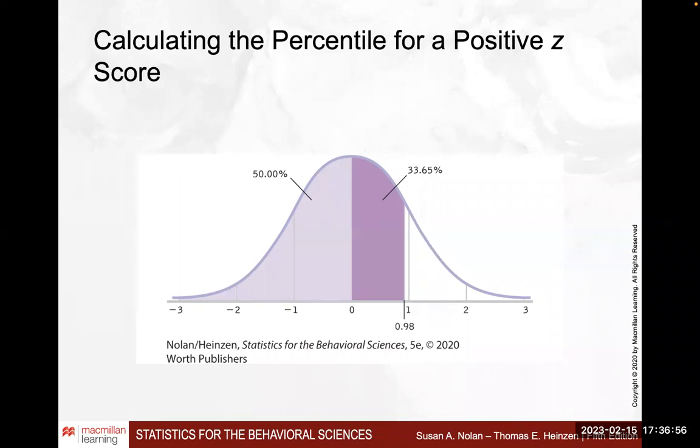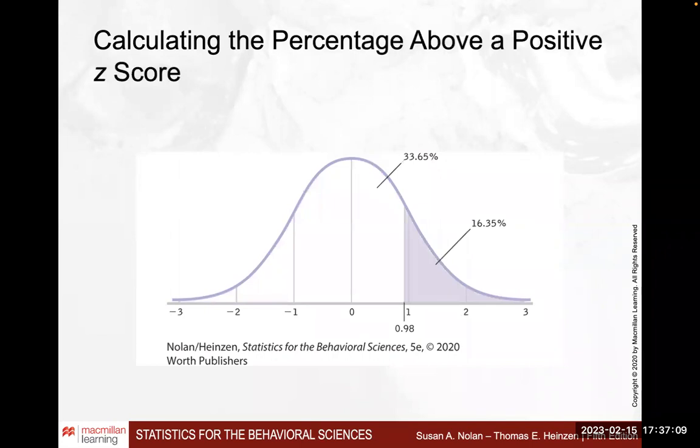So you have a positive z-score. You're just calculating the z-score from your raw score. You get to the z-score, you know what percentile this is, what proportion of your population is less than that. If you want to know now everything that's greater than that value, so you know now this is 84% or 83.65%.